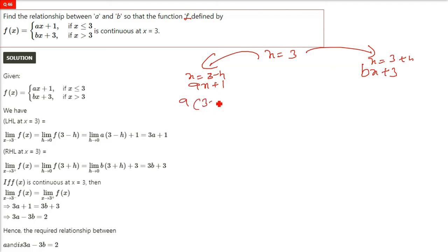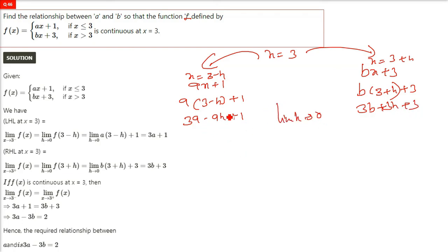So a into 3 minus h plus 1, and b into 3 plus h plus 3. So 3a minus ah plus 1, and 3b plus bh plus 3, with limit h tends to 0. The ah cancels out, giving 3a plus 1.